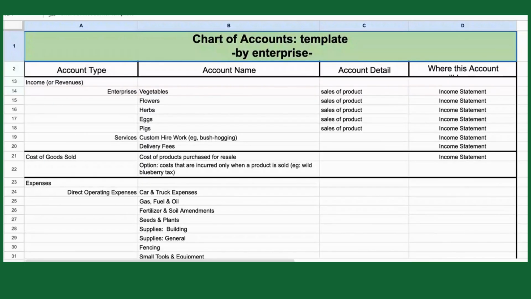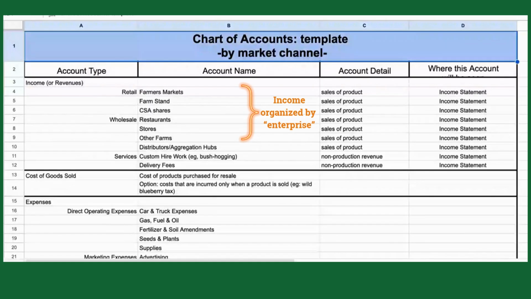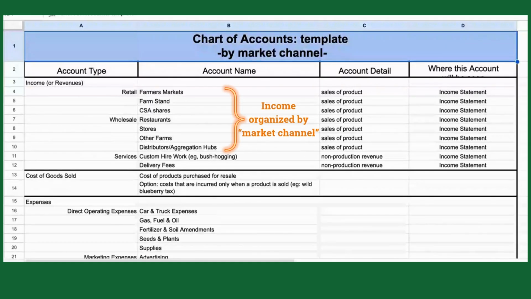I advise that you create accounts that focus on your main farm activity points, which again are either enterprises, vegetables, flowers, herbs, eggs, pigs, or jumping to my next template, market channels, farmers markets, farm stand, CSA, restaurants, etc.